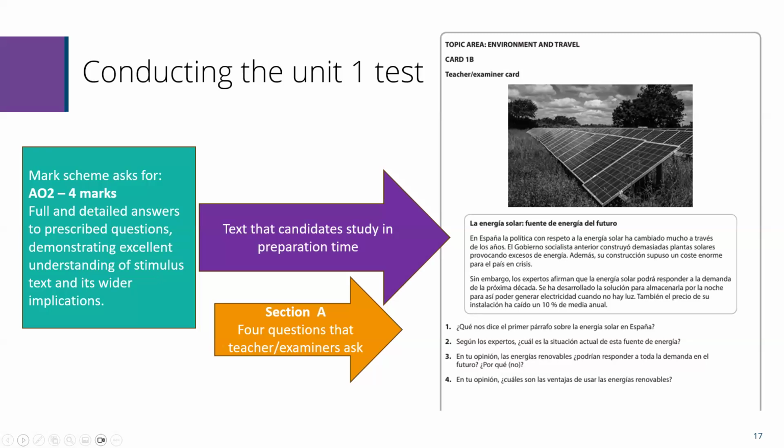Okay, so be very clear that you need to ask those questions as they are printed, and as candidates answer, they need to focus on the text and show full and detailed understanding of it. Okay, and we'll have a look in a moment at the actual questions. So for section A, they are answering those questions. Remember, we want about a minute per answer to each of those questions.